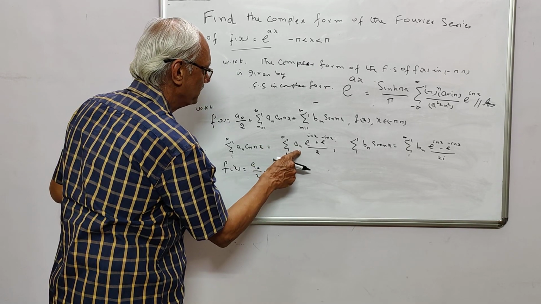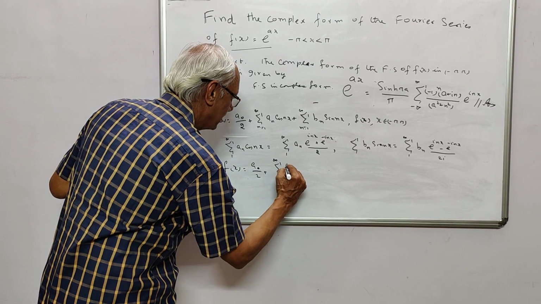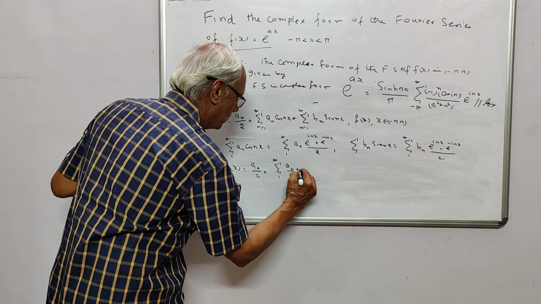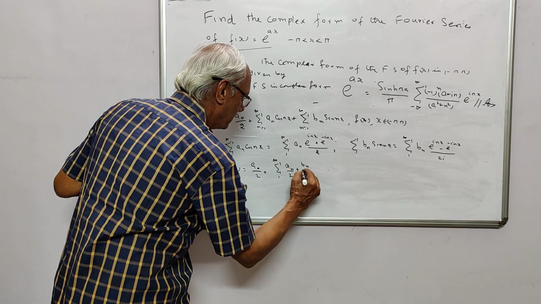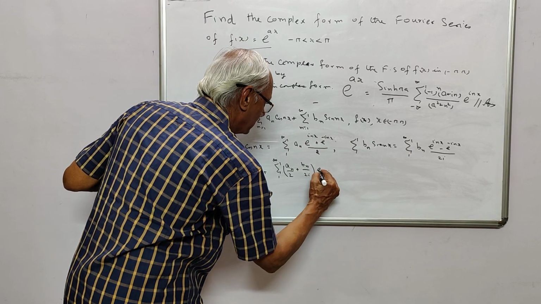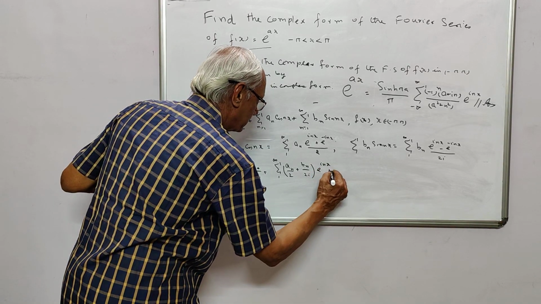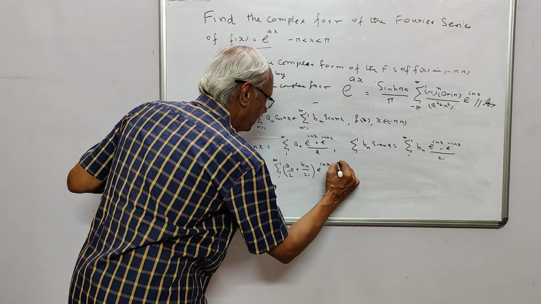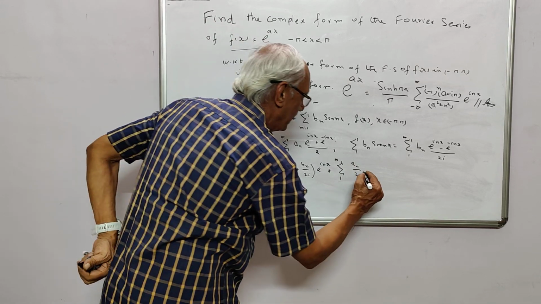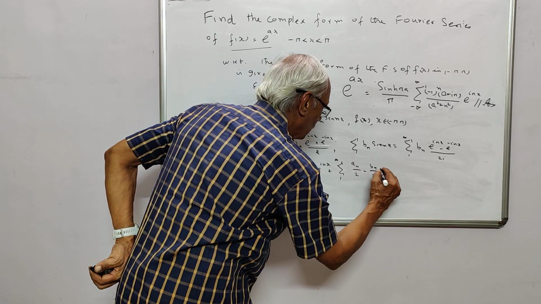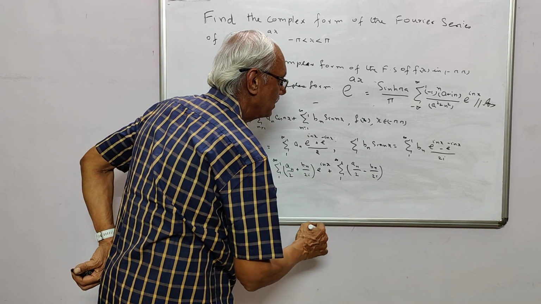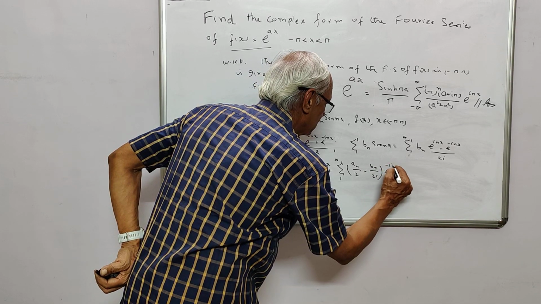Now when you substitute here, I will write it in such a way that it is an by 2 plus bn by 2i into e to the power of inx, plus sigma of 1 to infinity of an by 2 minus bn by 2i into e to the power of minus inx.